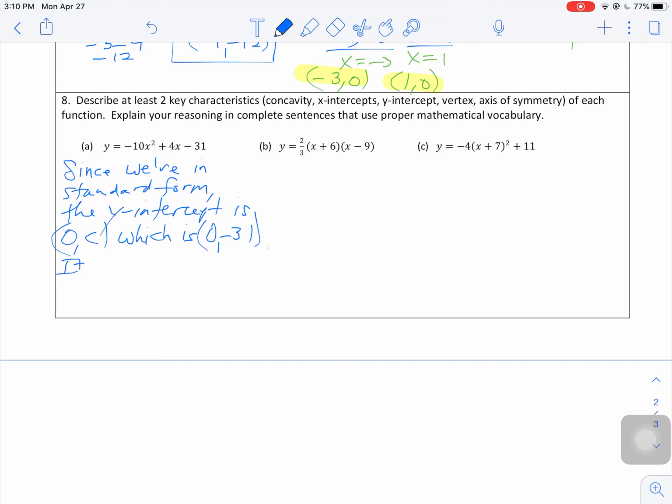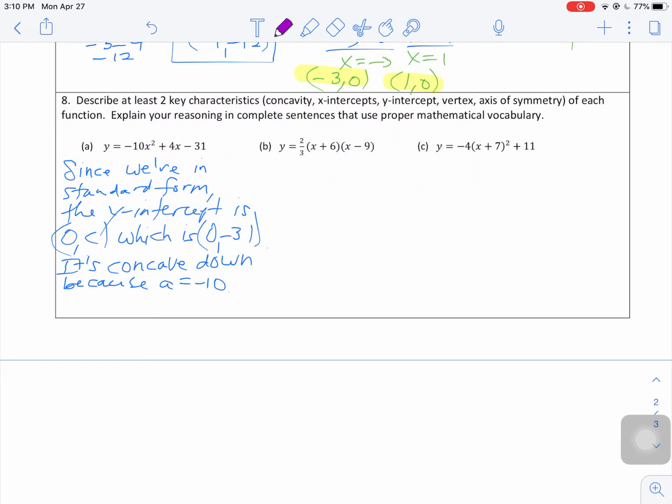And then it's concave down because of our negative a value, because a equals negative 10.